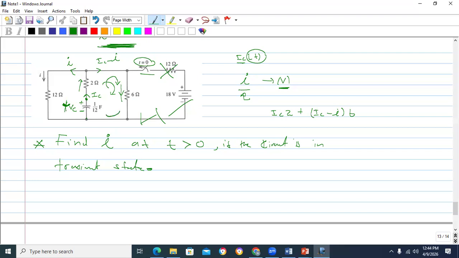Now the voltage across the capacitor. Is it plus or minus when I am going in this direction? Tell me, is VC plus or minus? These things you have done in A-level physics also.